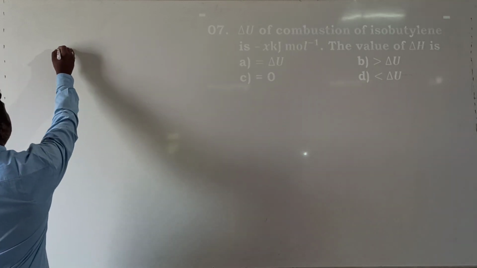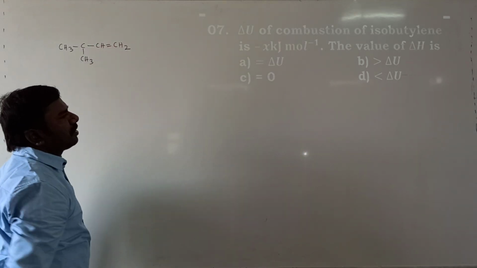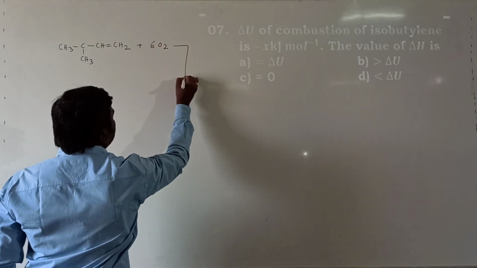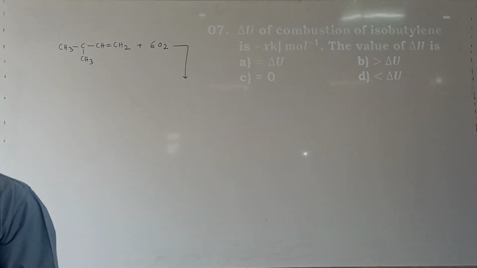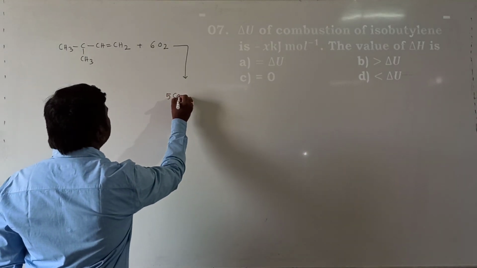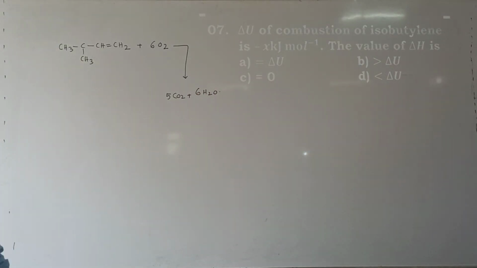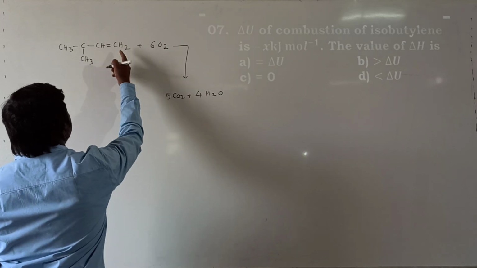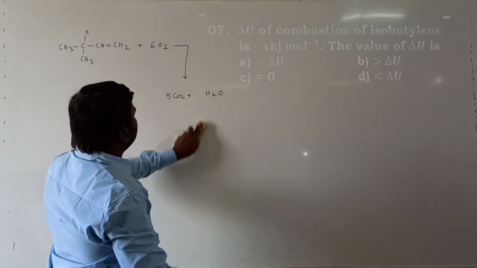Isobutylene is (CH3)2C=CH2, a double bond, plus 6 moles of O2, which gives 5 moles of CO2 plus 4H2O, totally 5 H2O.